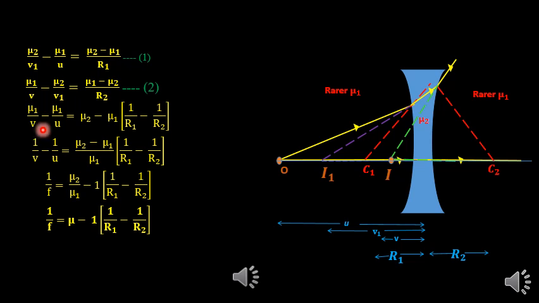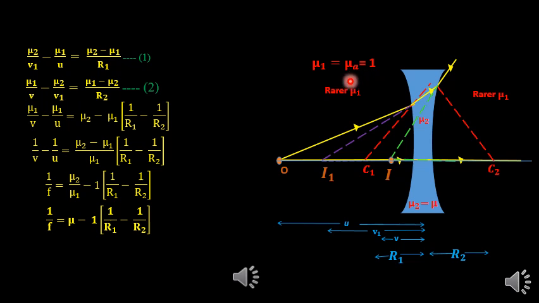Since 1 by v minus 1 by u equals 1 by f for the lens, the equation becomes 1 by f equals mu2 divided by mu1 minus 1 into 1 by r1 minus 1 by r2.